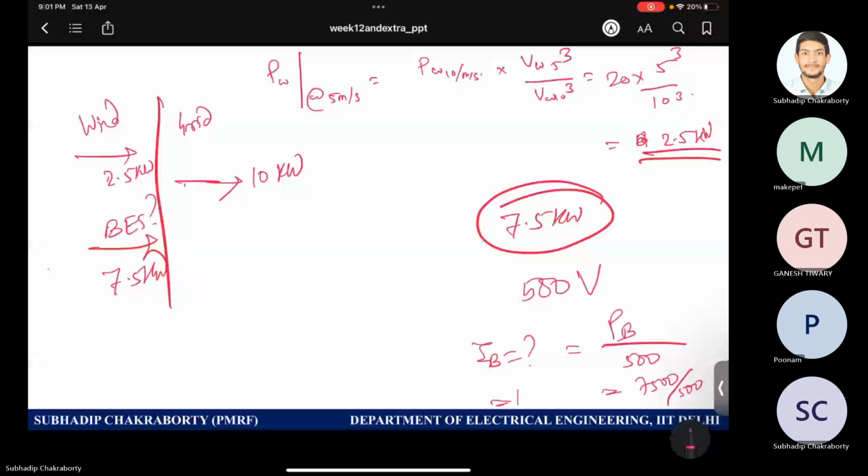Any doubt? No, sir. Simple, right? I hope 15 is visible. Battery current. Yes, sir. And my screen is only lagging. So see the next question.